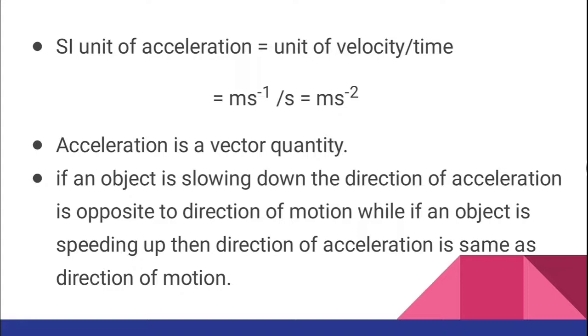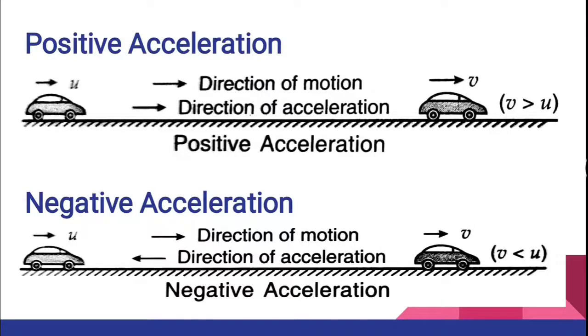On that basis, we define two terms, positive acceleration and negative acceleration. So let us see positive acceleration. Here you can see the car starts from the initial velocity u, and after some time it attains a final velocity v, and we observe that v is greater than u. It means the final velocity is greater than the initial velocity.